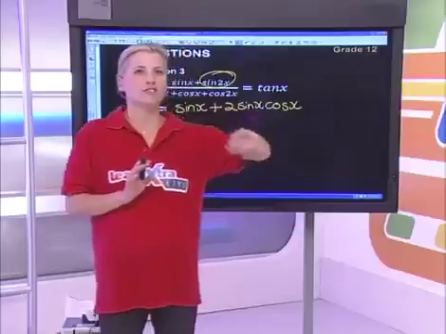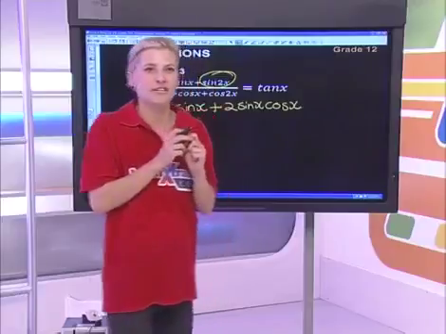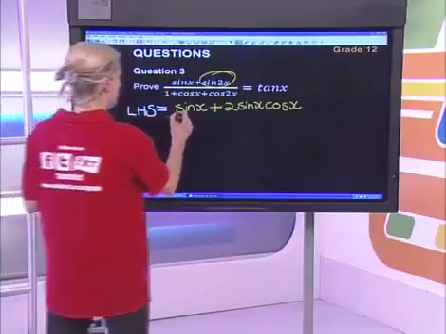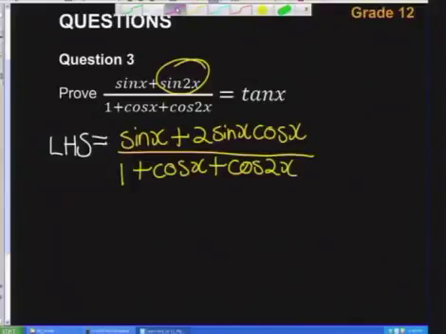I keep the cos 2x as cos 2x, and I'm going to work now a little bit in my numerator and see whether my further working doesn't perhaps give me a clue as to which one of these guys would be the best substitution. So for now, I'm just keeping it simple. I'm not substituting the cos 2x yet. It's not because I didn't see it. It's because I'm still working on a plan. So what you can even do is underline it for yourself so that you know you've still got to get to it.